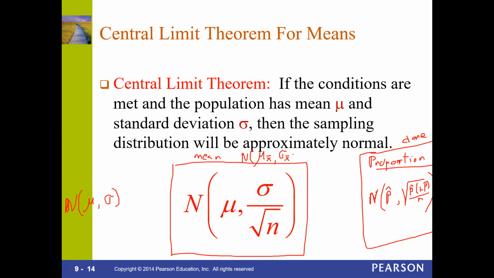That's the general term for the mean. For the proportion, we have N of mu p hat, sigma p hat. Okay, that one is done.